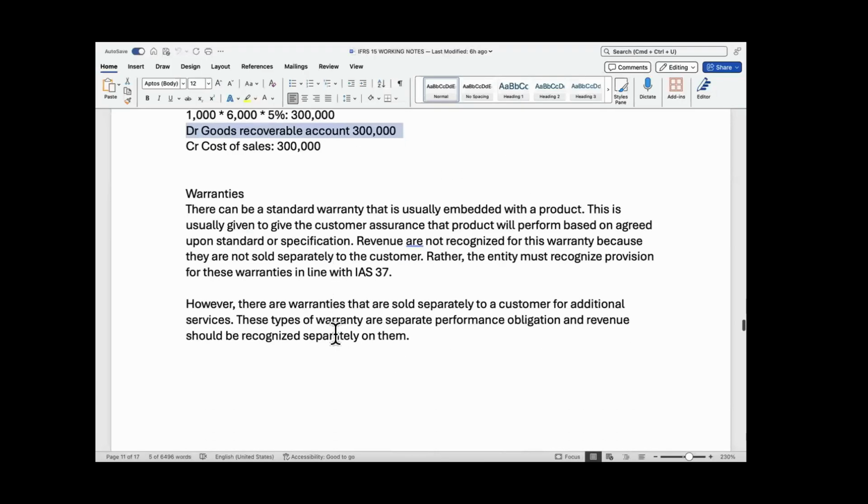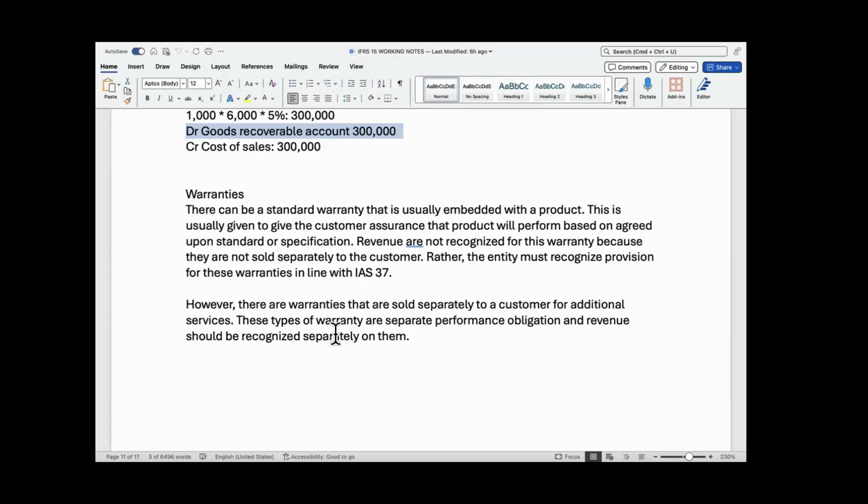The second one is warranties. A warranty can be a standard warranty, which is usually embedded with a product. Standard warranties usually come as an assurance to the customer that the product will perform based on an agreed upon specification.